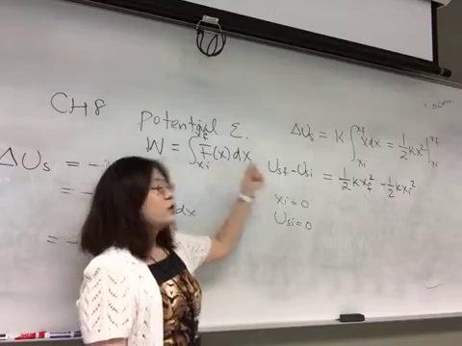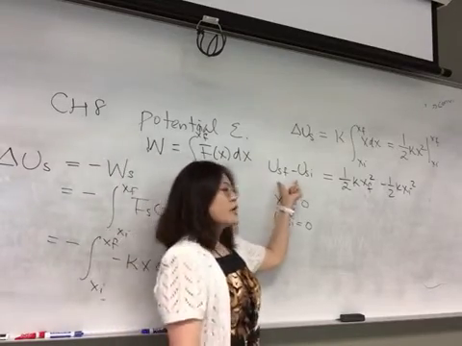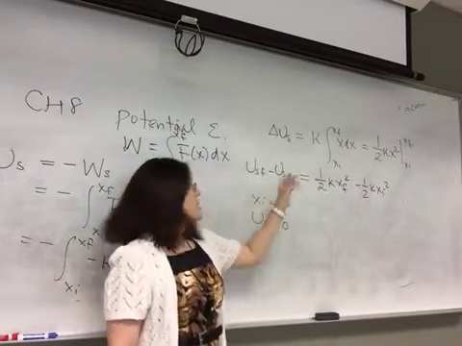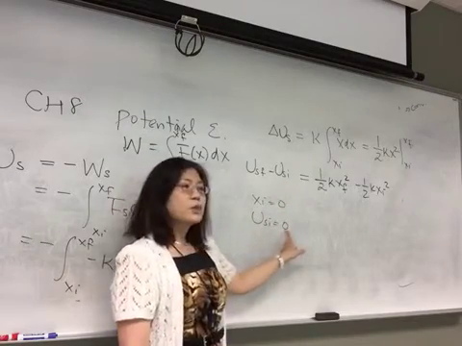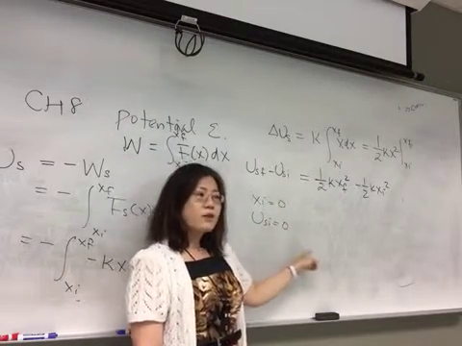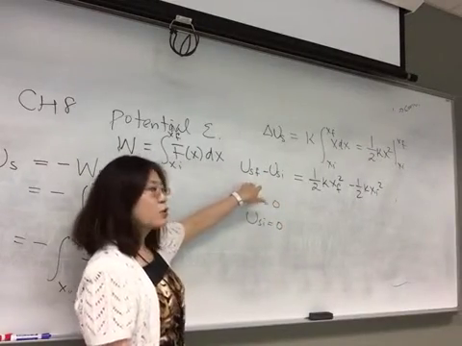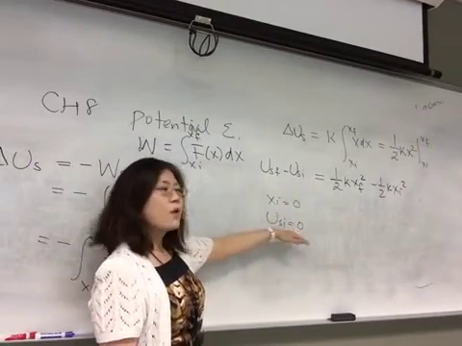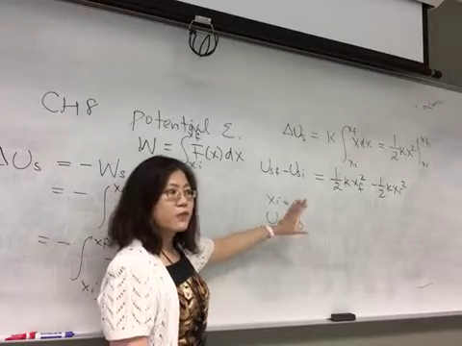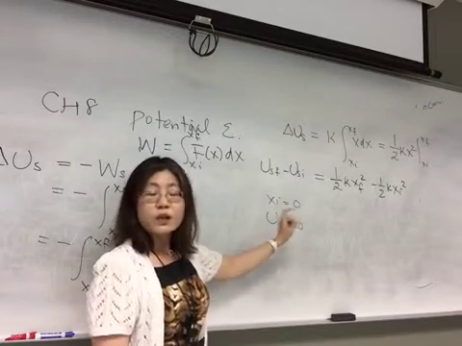What I want to emphasize is that potential energy only depends on the difference. It doesn't really matter whether we choose this to be 0. You can choose it as pi, you can choose it as negative pi. It's just that the final potential energy will be readjusted according to your initial value. In this case, for simplicity, we just define it to be 0.